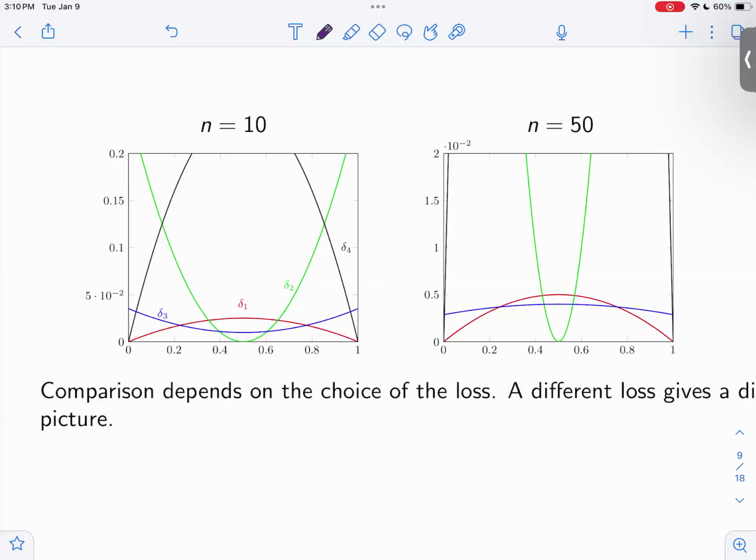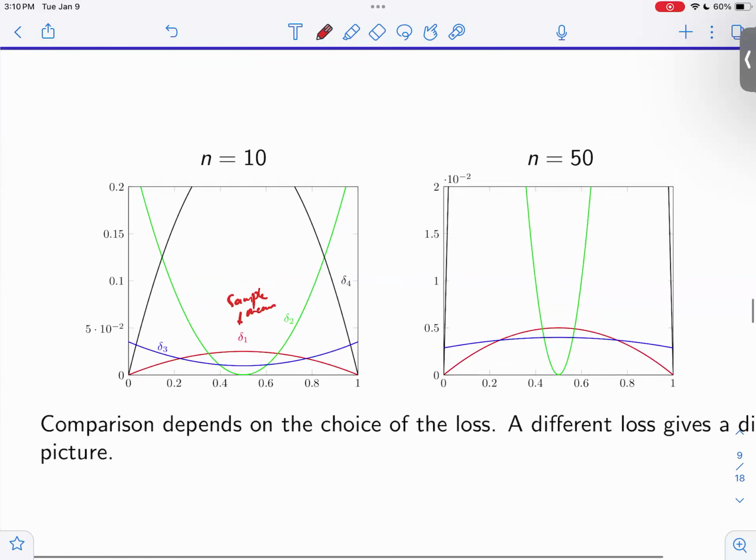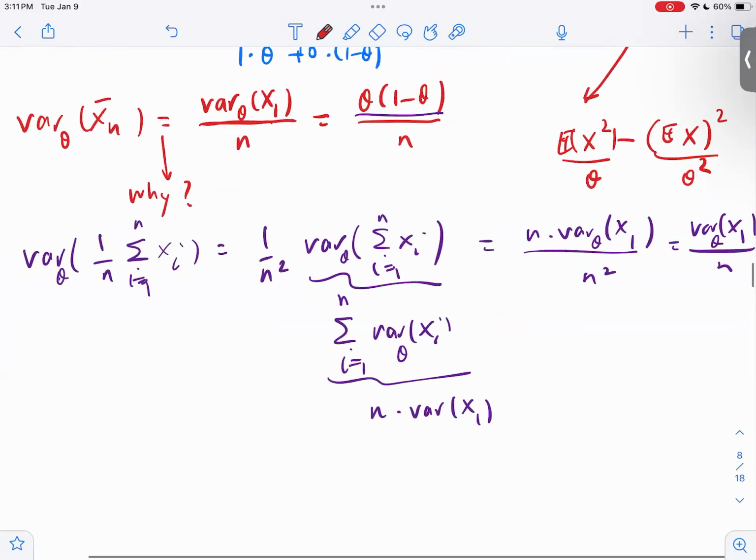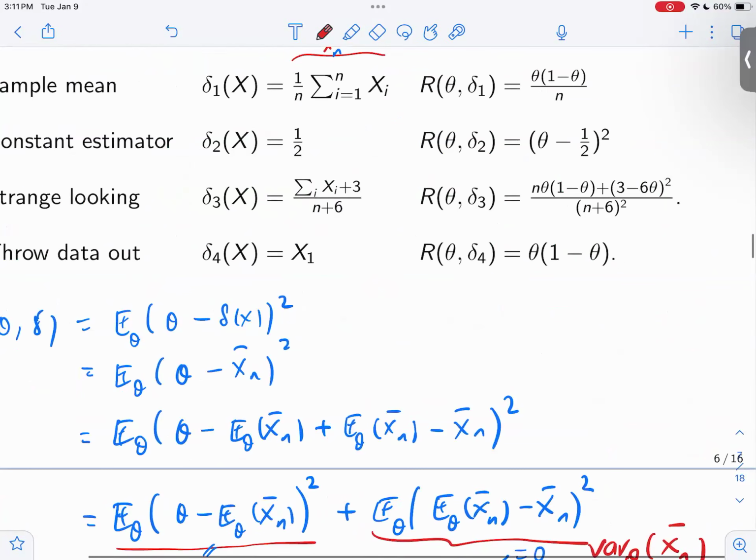You can see the different ones are colored differently. So delta 1 is the sample mean. The green one is the one that just... oh sorry, not this. Delta 1 is not the sample mean. Which one is the sample mean? The sample mean is 0 at both ends, right? These two are similar, but this is the scaled down version of that. So 0 at both ends.